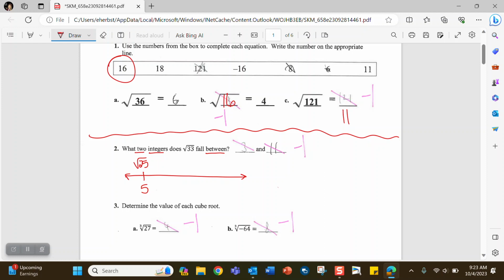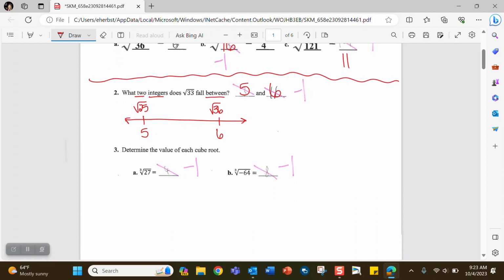If we go the other direction, 34, 35, 36. 36 is the other perfect square that's above 33, so that's 6. So that means that the square root of 33 falls somewhere in between perfect squares 25 and 36, so the square root of 25 and the square root of 36. So our answers here are 5 and 6. Again, those two numbers have to be consecutive.